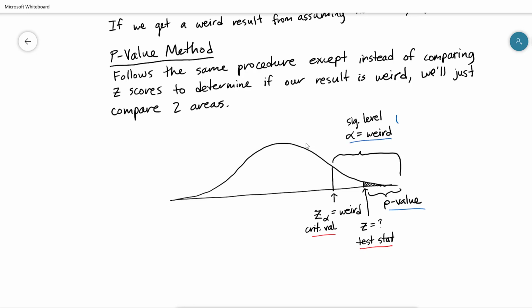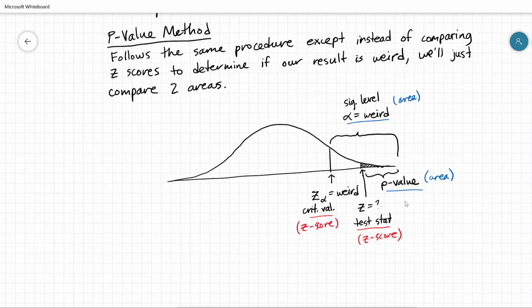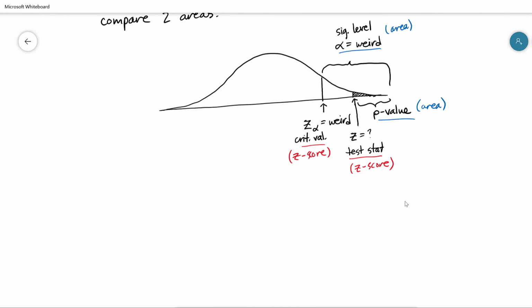So this is an area, this is an area, whereas this one is a z-score, and this one is a z-score. We can compare either of those two, and that's the only difference between the critical value method and the p-value method. The p-value method is nice because this area, the p-value actually gives you the probability. So the p-value method is generally preferred.